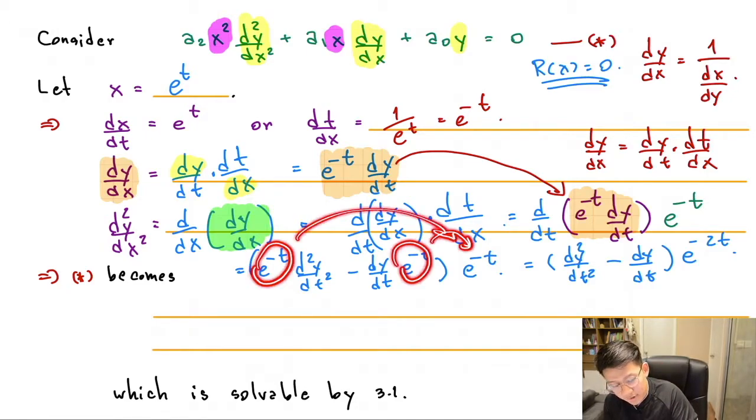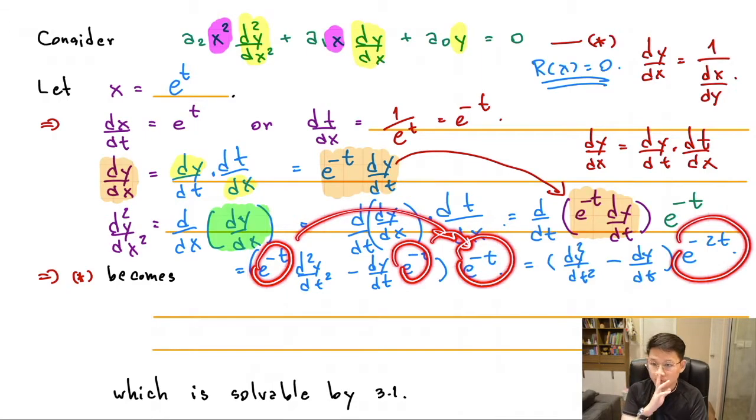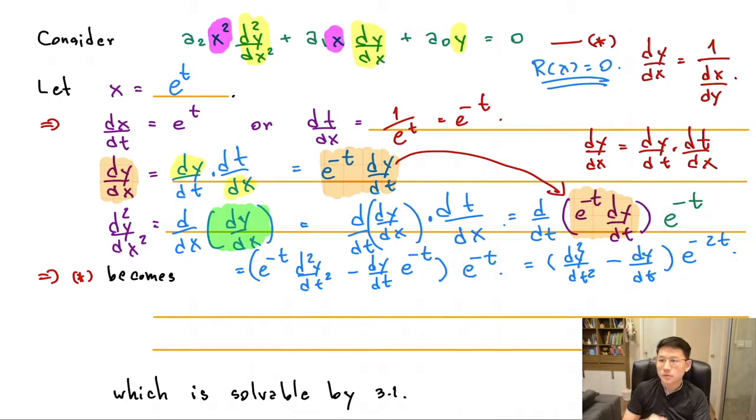Okay, so I have e to the minus 2t here. Okay, then equation star becomes, we just substitute the second derivative of y with respect to x into the equation star.